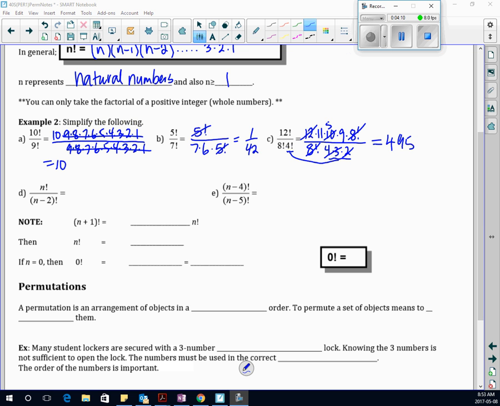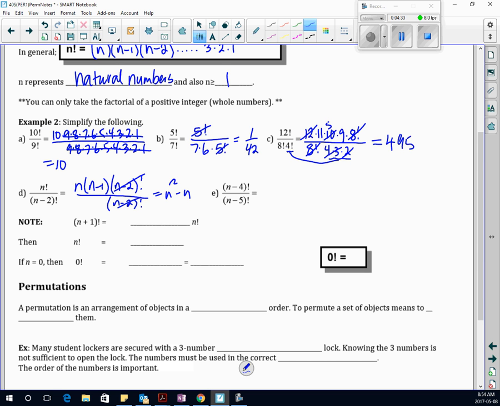Okay, so n factorial over n minus 2 factorial. Does everybody remember what n factorial stands for? N times n minus 1 times n minus 2. And if you want, you can end with n minus 2 factorial because it keeps on counting down. So does everybody see those will cancel? And we get n squared minus n. How about this one?